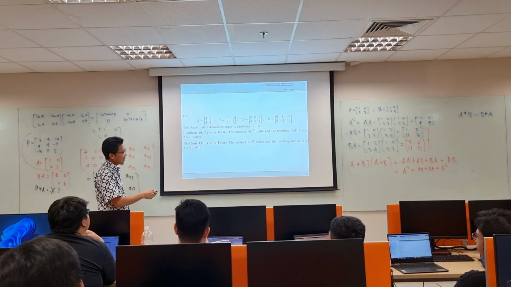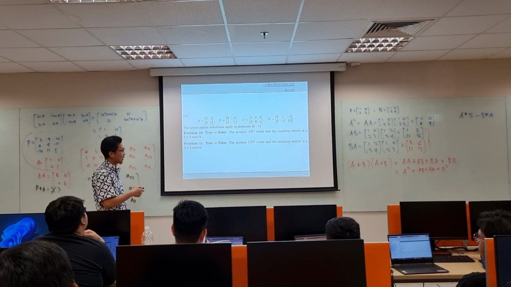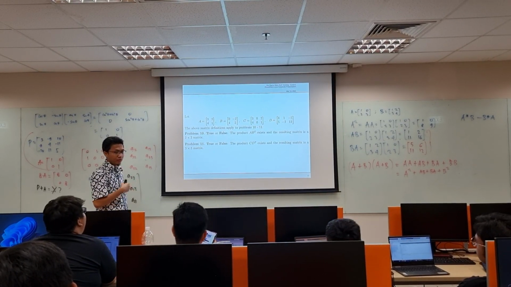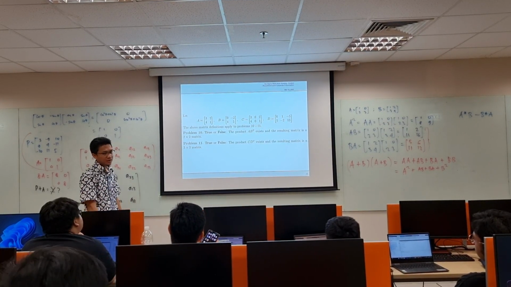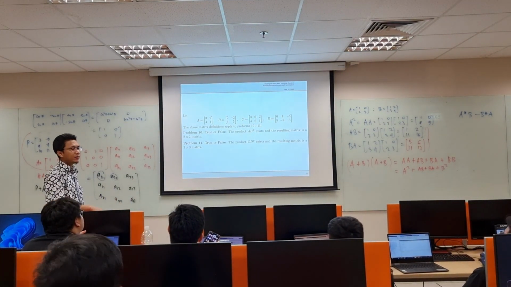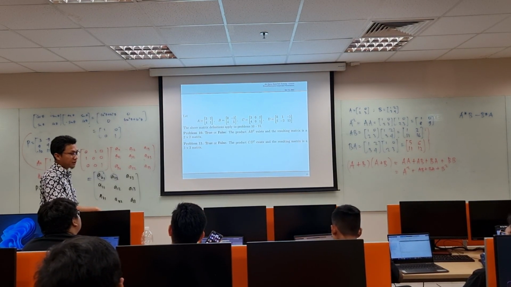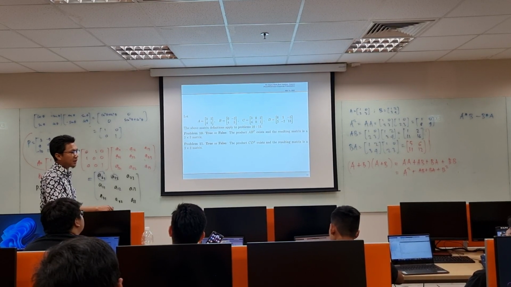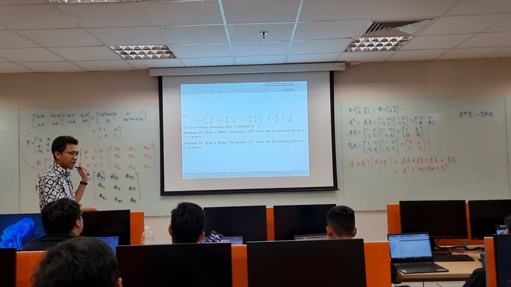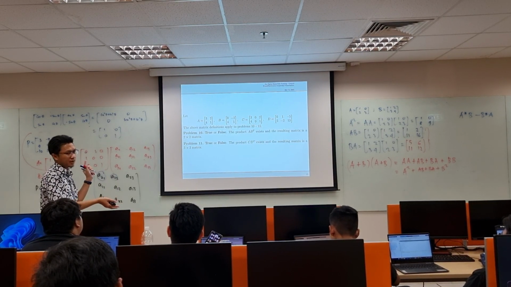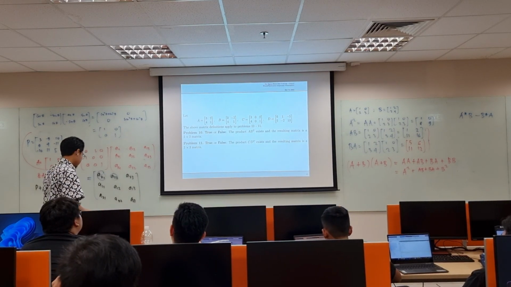The product exists because it has the same size. In this case that is a sufficient condition for the existence of the product. However, you can also multiply matrices of different sizes, as long as the number of columns of the left matrix is the same as the number of rows of the second matrix.